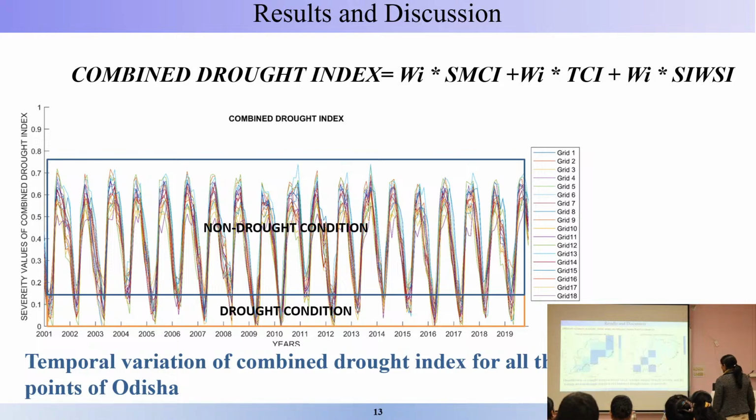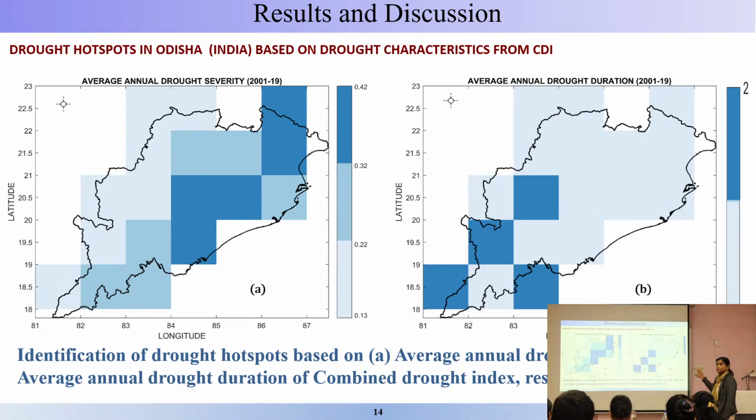Now, this is the spatial analysis for which we can use GIS, or we can also use any programming language to perform such mapping and analysis. Here we have calculated some drought hotspots based on average annual drought severity and average annual drought duration, based on the CDI, the index we have proposed.